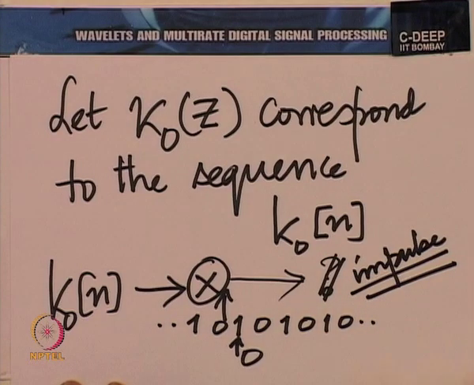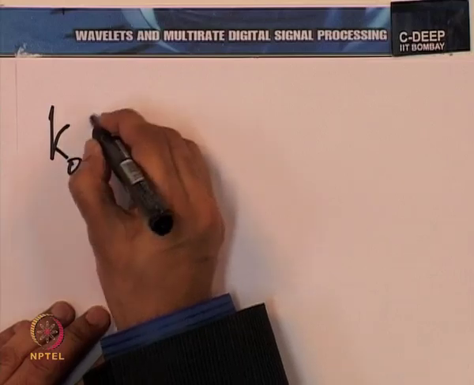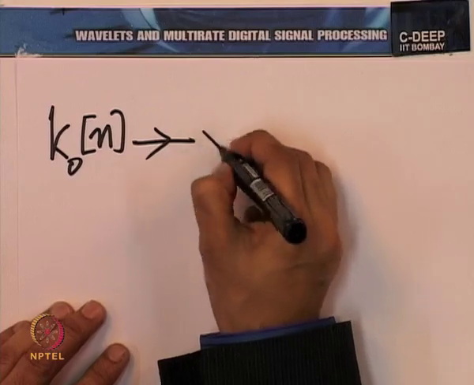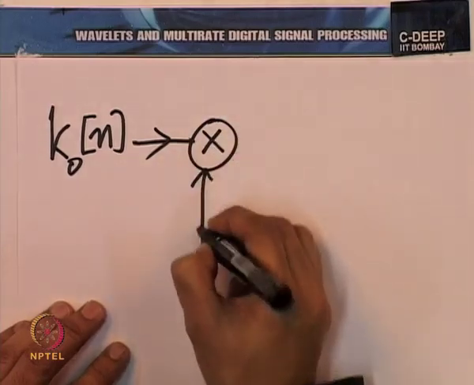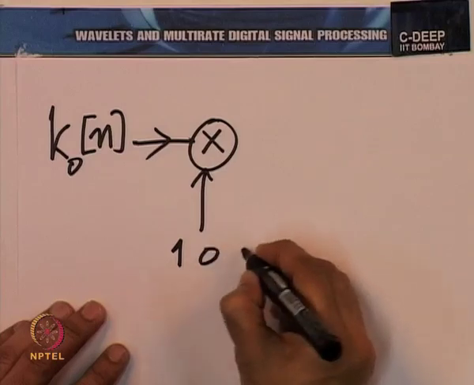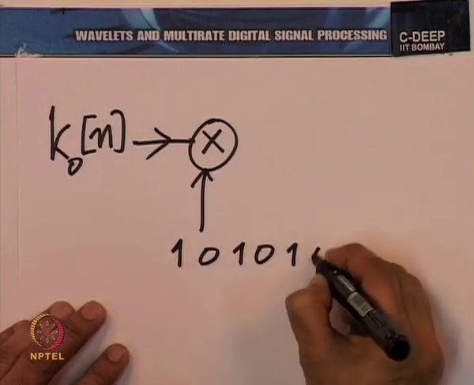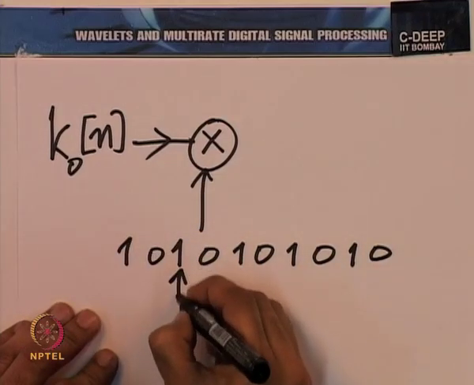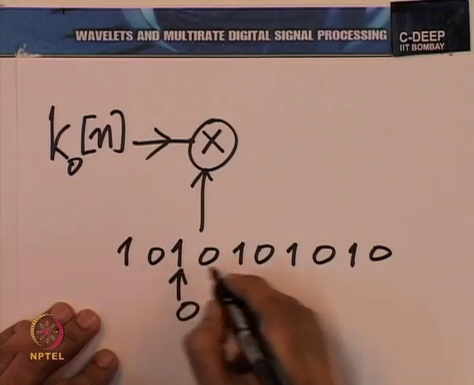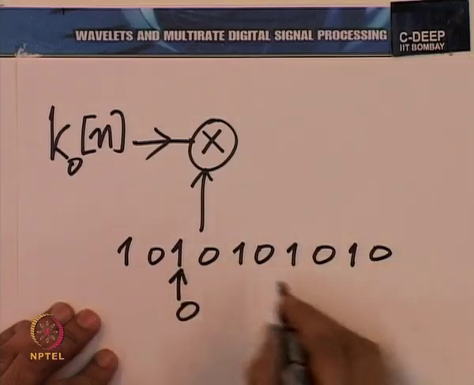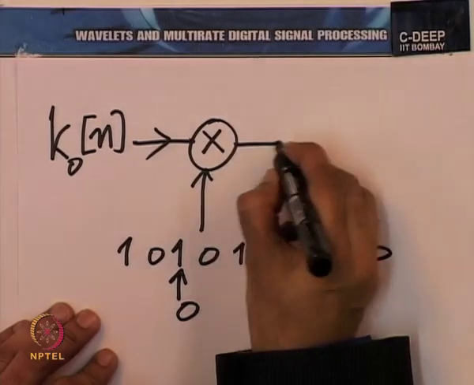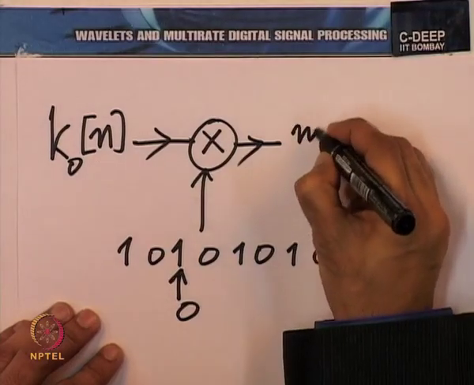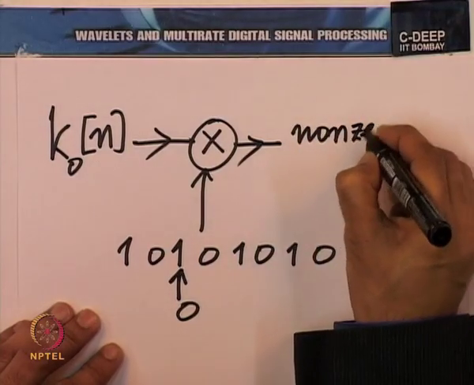So, let us write that down. Kappa 0 n, when modulated with this periodic sequence with period 2, with the ones at multiples of 2 and 0 elsewhere, results in a sequence which is non-zero only at n equal to 0.